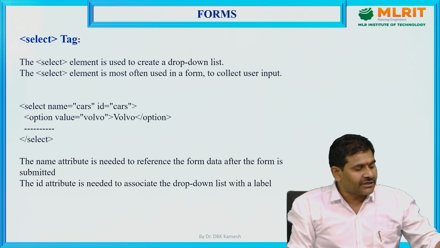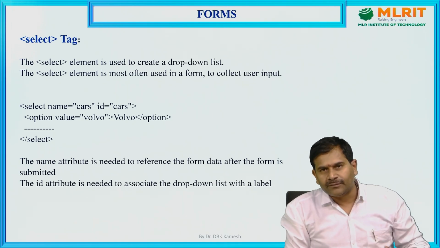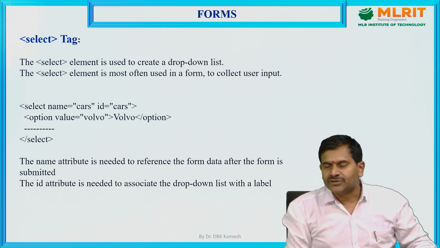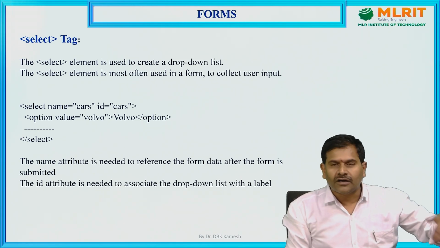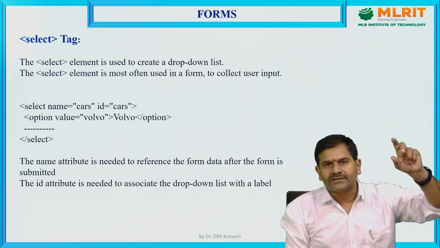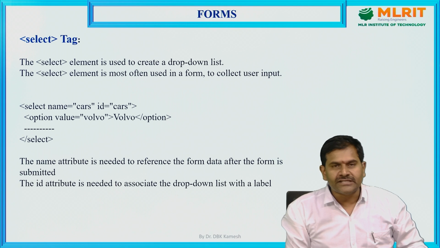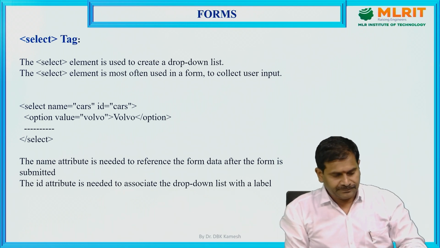In the selection tag, the name attribute is needed to reference the form data after the form is submitted. Once any form data is submitted, whatever you select will be shown. The ID attribute is needed to associate the drop down list box with a label.